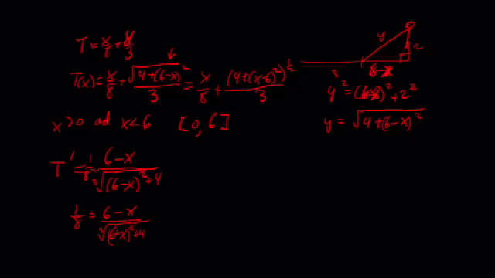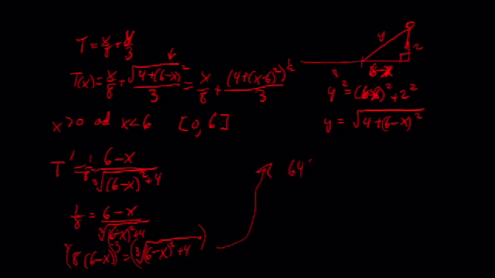I cross multiply in order to get 8 times 6 minus x equals the square root of 6 minus x squared plus 4. I then square both sides. This is going to give me 64 times 6 minus x squared equals 6 minus x squared plus 4.